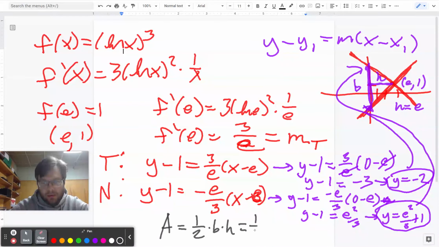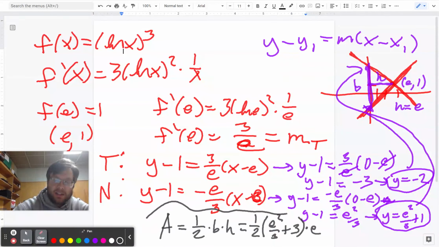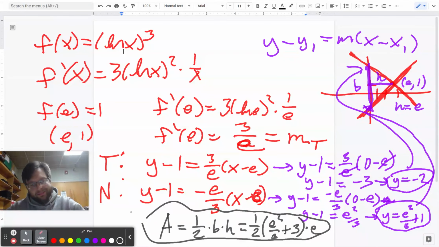So we've got 1/2 times e squared over 3 plus 3, because that's a difference. If I take e squared over 3 plus 1 and subtract negative 2, and then multiply that by e again, that's the exact value of the area. If you really care about the decimal value, type it into your calculator and see what pops out.